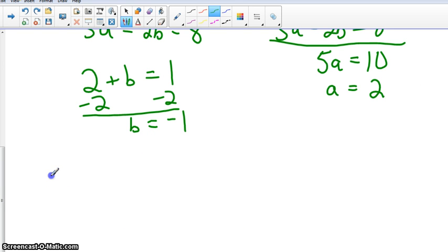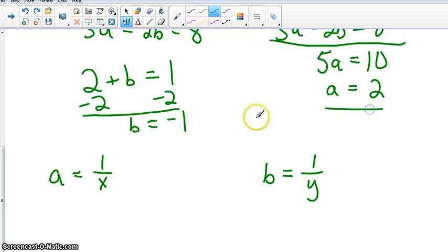Well, remember that a is equal to 1 over x and b is equal to 1 over y. So how do I solve for x and y? I'm just literally going to substitute the values in for a and b. So since a is 2, I'm going to come over here and say 2 is equal to 1 over x. And I'm going to solve for x.